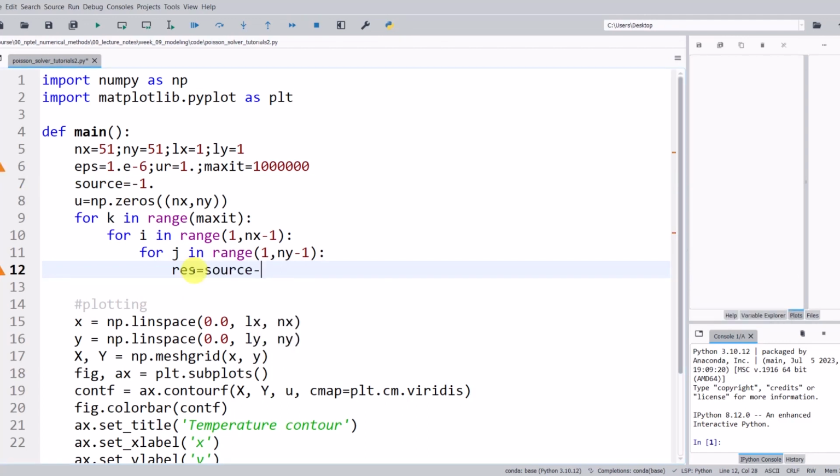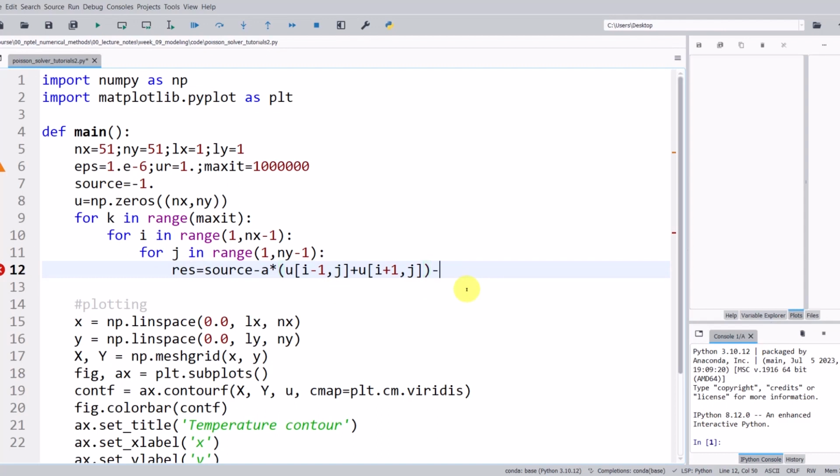Source term minus a star, this u_i plus 1 j and u_i minus 1 j, they are both the same. Their coefficient is 1 by delta x square, so we can keep them together. So u_i minus 1 j plus u_i plus 1 j. So that goes, 2 terms.